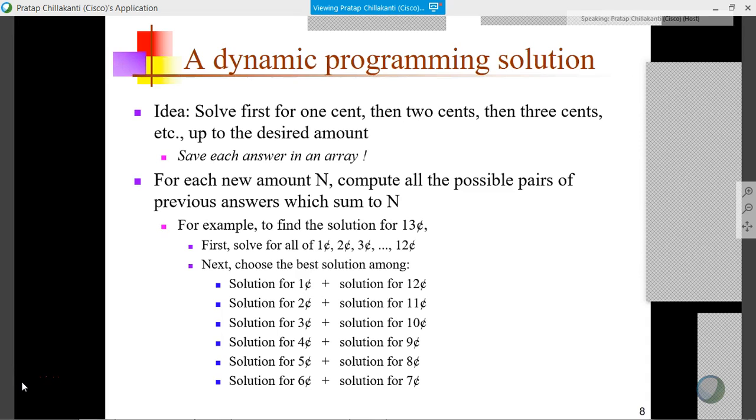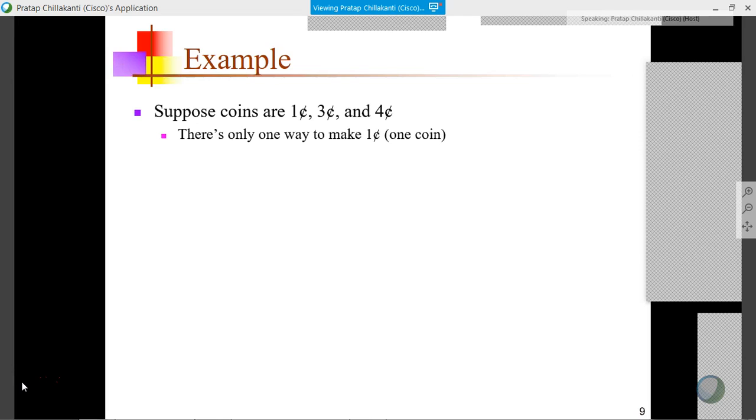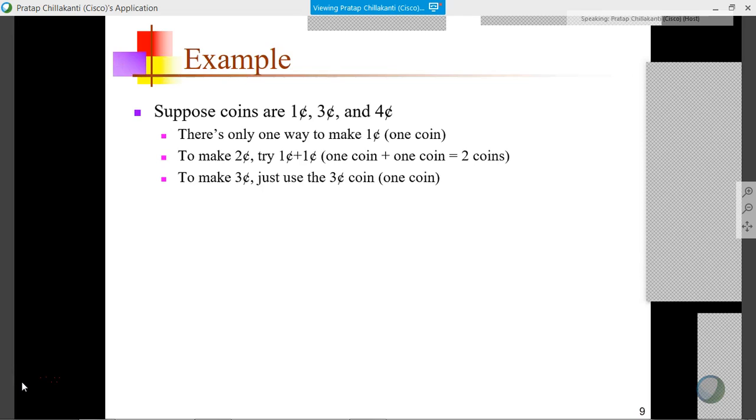Now, how does it work? Let's see that. Let's say the coins are 1, 3, and 4. There's only one way to make 1 cent, because you just use the 1 cent coin. To make 2 cents, you have to do 1 and 1. To make 3 cents, you use 1 coin. To make 4 cents, you use the 4 coin.